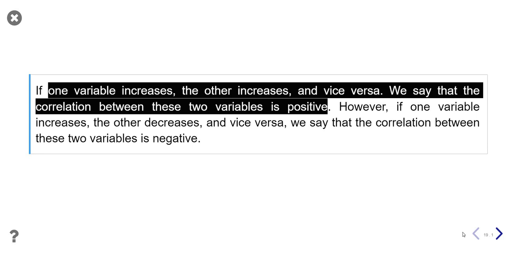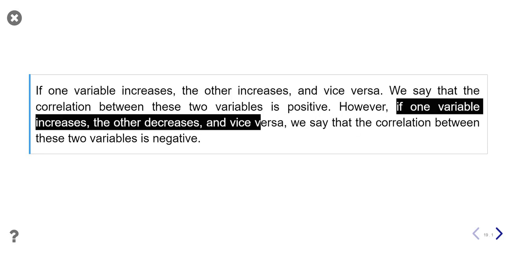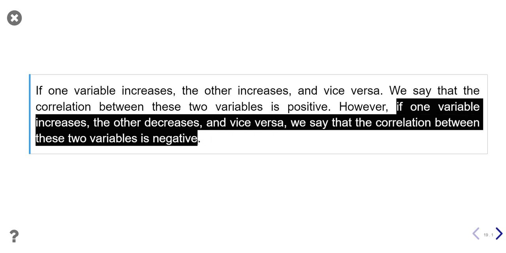That means when one variable increases, the other also increases, and if it decreases, the other also decreases. So that is known as positive correlation. However, if one variable increases and the other decreases, and vice versa, we say that the correlation is negative correlation.